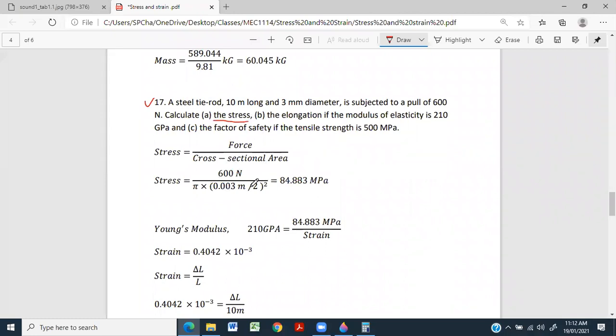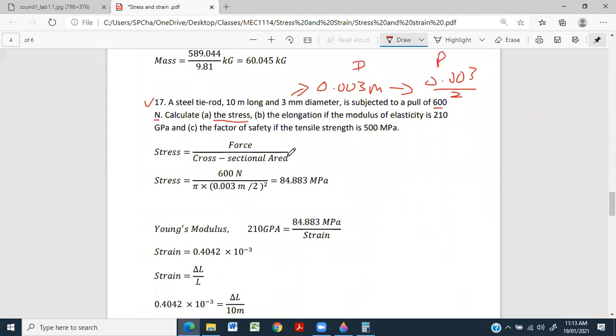Let's skip some steps now because we've been working some questions, so we're familiar with how this operates. The pull is 600 newtons, so the force is 600 newtons. Stress is equal to 600 newtons divided by the cross-sectional area. We know our diameter is 3 millimeters, which is 0.003 meters, and we divide by 2 to move from diameter to radius.